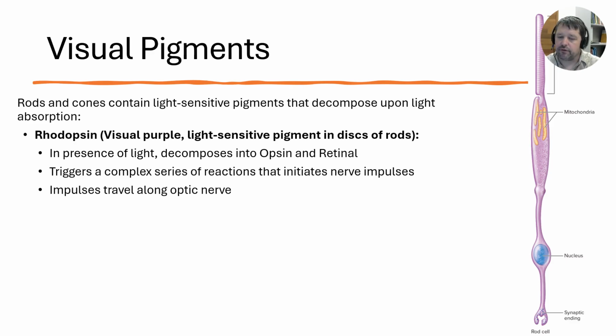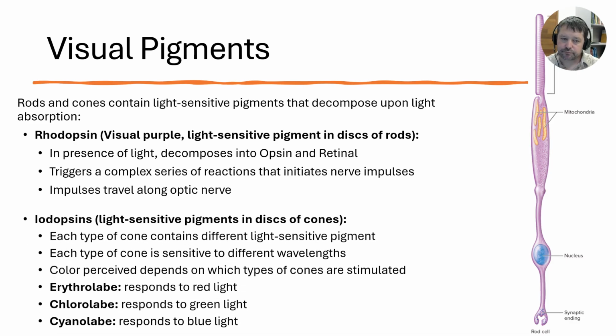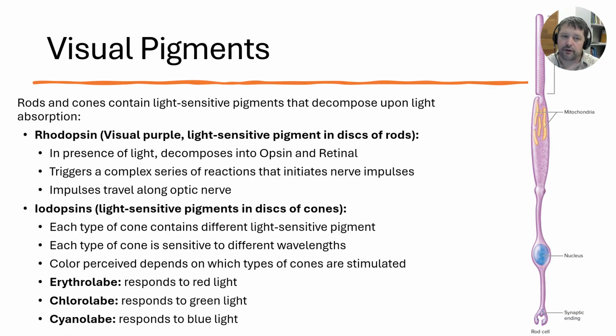Okay, iodopsin is the light-sensitive pigment in cones. So a little different, and that really depends on what type of light pigment we're talking about.